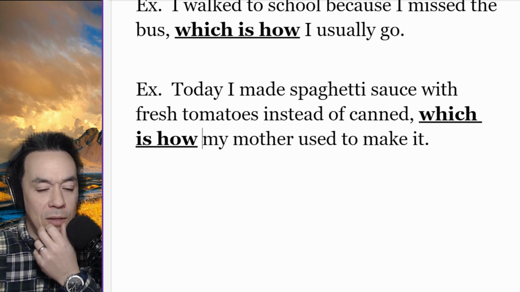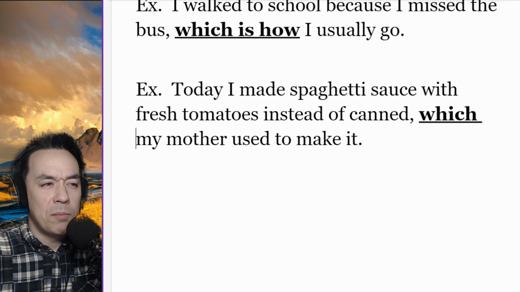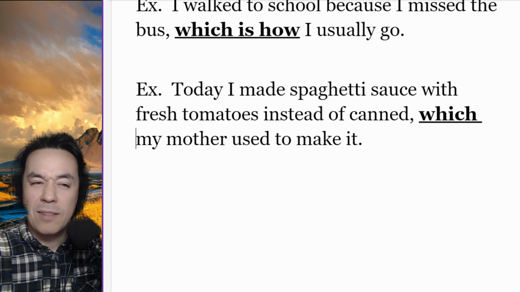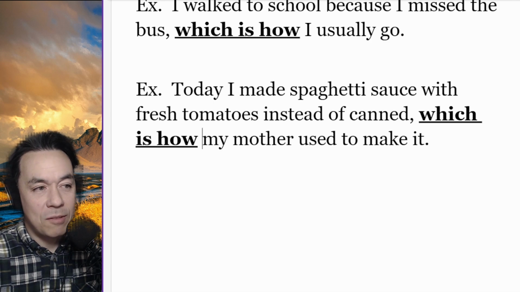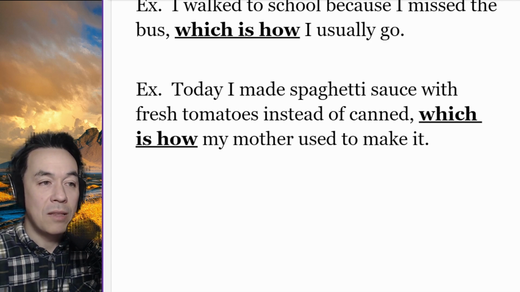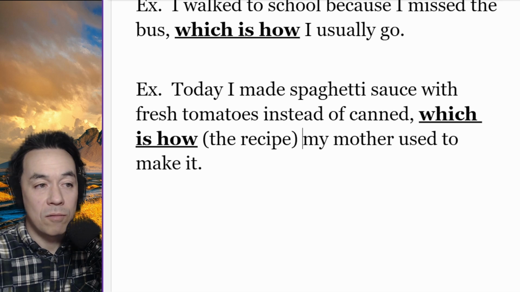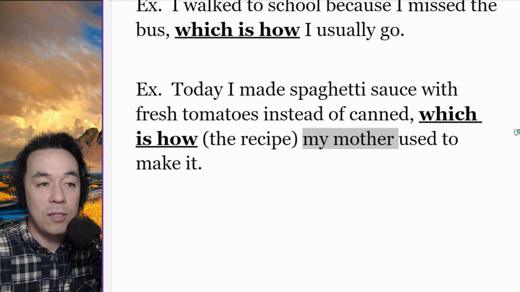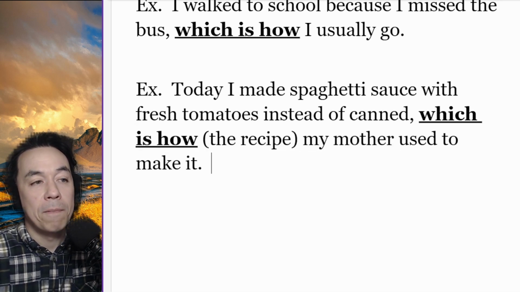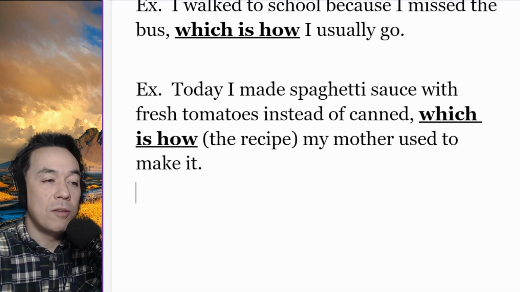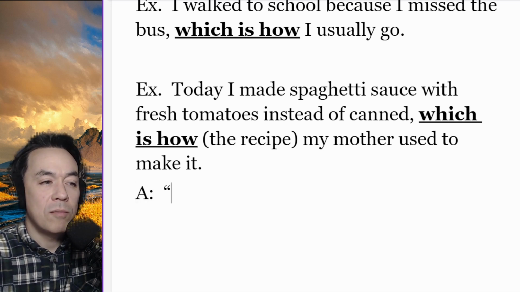Yeah, that would be strange if you just said, which my mother used to make it. That seems strange, not natural. You need that how to mean that this is the recipe. In this case, this is the recipe she used to make it. Maybe the listener's thinking, why?